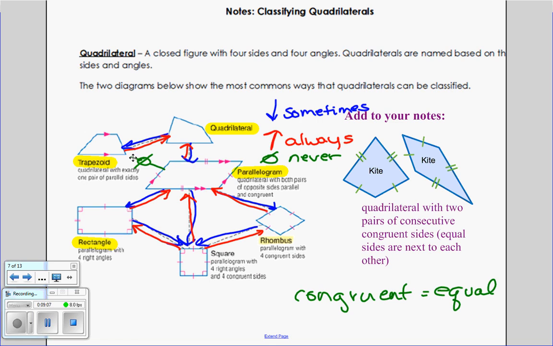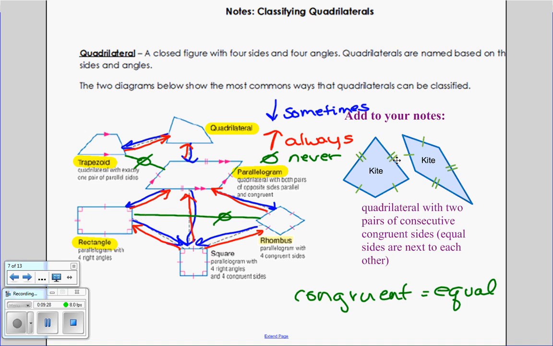That means that a trapezoid is never a parallelogram. There is no line connecting rectangle to rhombus. A rectangle is never a rhombus. Okay? So reading this flow chart, you can figure out sometimes, always, and never.